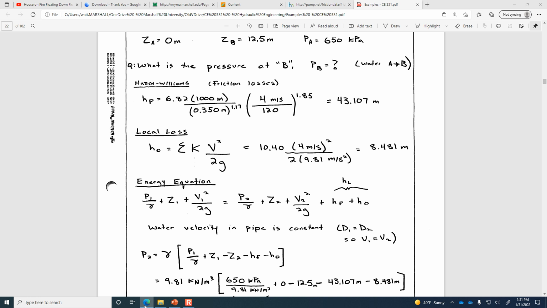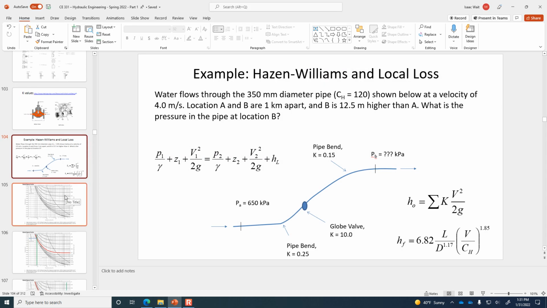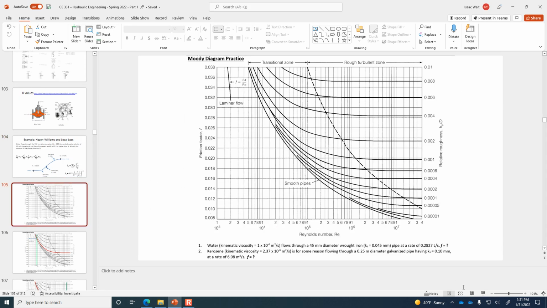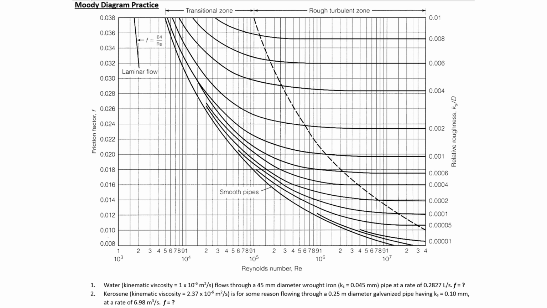Well, so with the remaining time that we have today, we're going to look at a couple of problems with the Moody diagram. So let me hand this out.